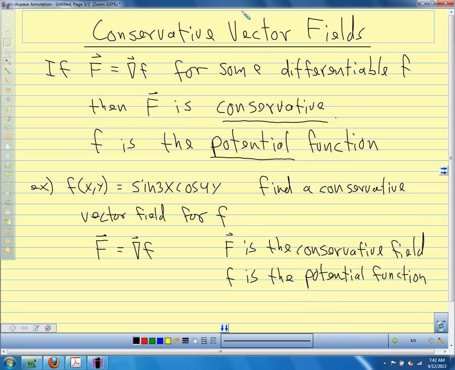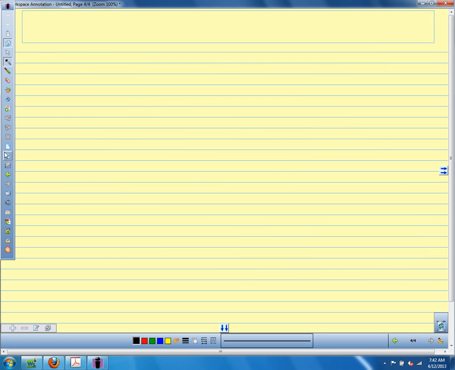So later on it's going to be important to decide whether or not our field is conservative. If we have some vector field, we want to decide, is it a conservative field? So we want to figure out how we test for that. Well, luckily we have a nice way to test, because our gradient has to do with partial derivatives.